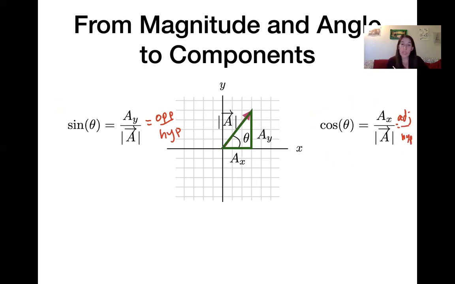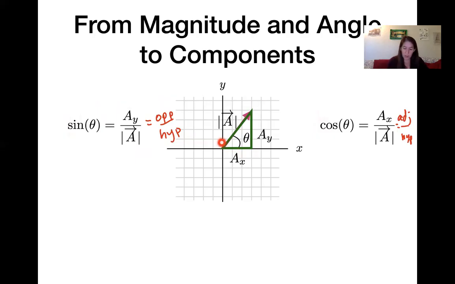In this particular case with the triangle as I've drawn it, if we're interested in this angle theta shown here, the side opposite to theta is a sub y. And that's why I'm using sine theta with a sub y. And then cosine depends on the adjacent side, which is a sub x.